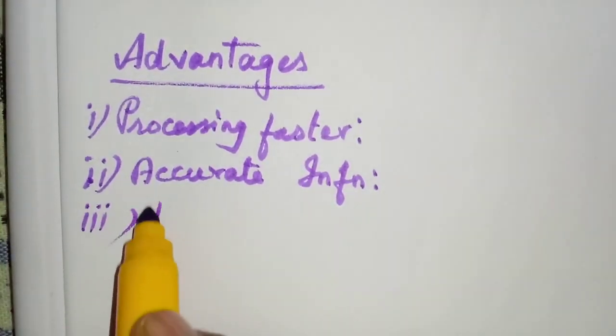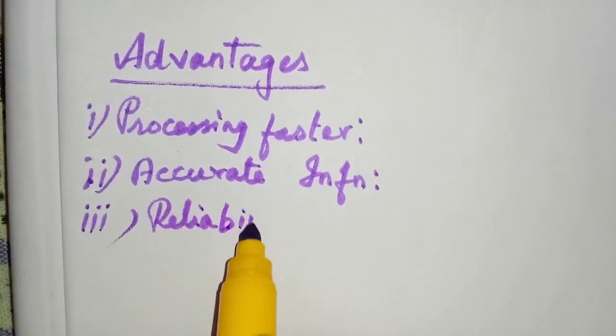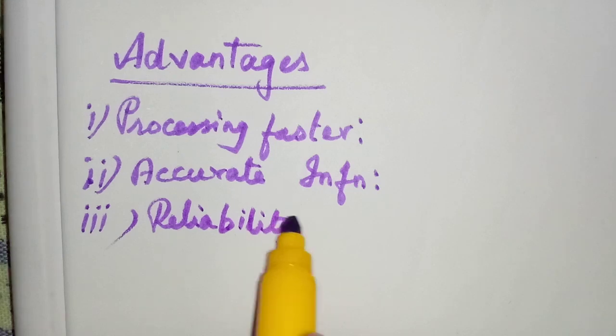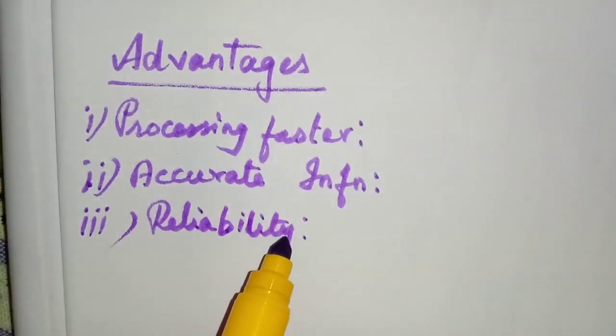Then reliability. We can rely. We studied accurate, faster, everything, isn't it? Most of the features are only the advantages.